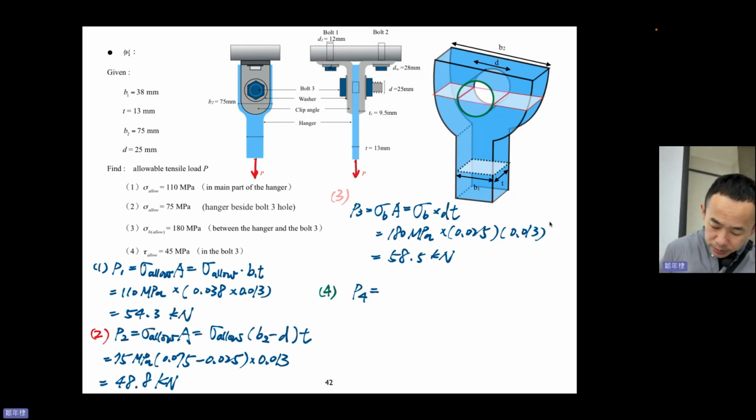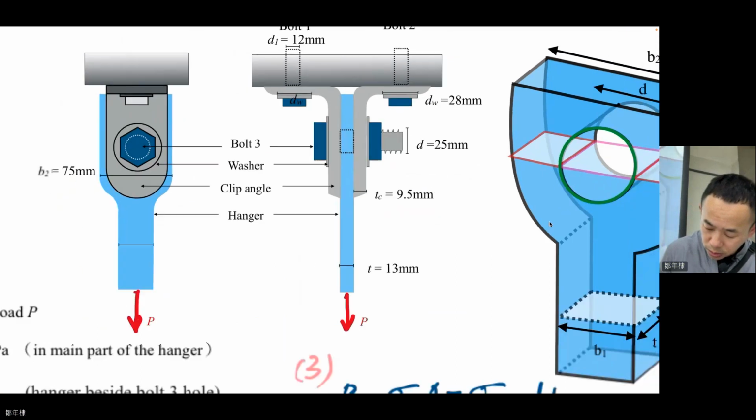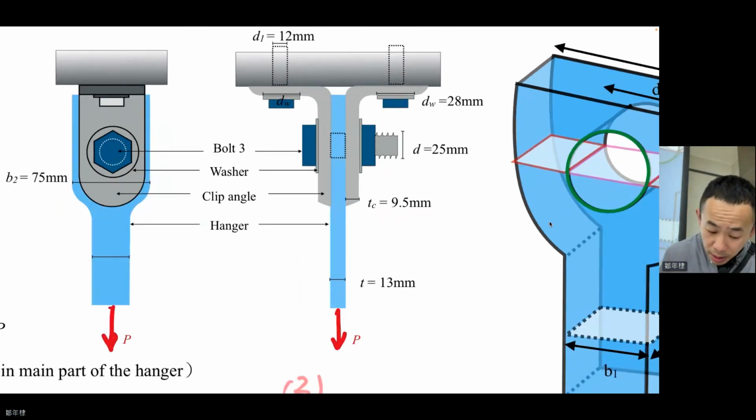Okay, so this is force P, but because we are going to look at this region, the green part, and there are two washers, you can imagine that this P has two things to support.